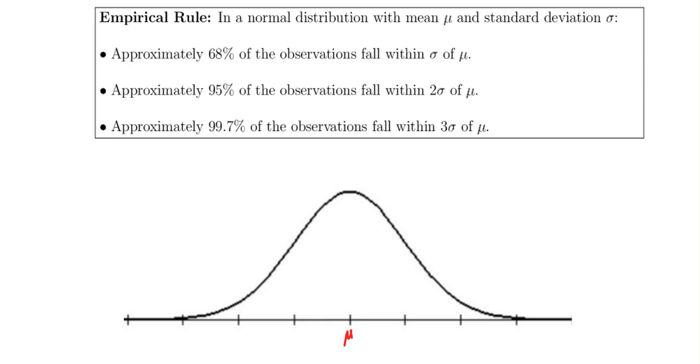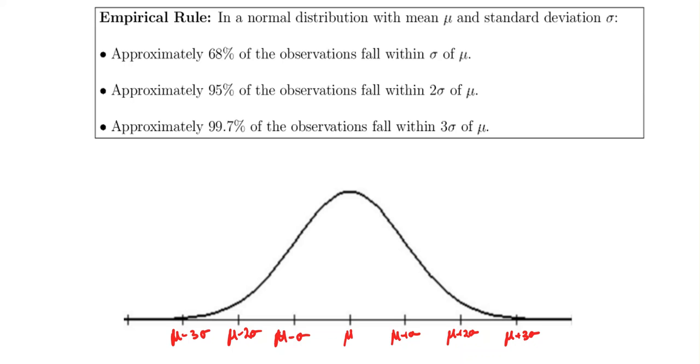Then each increment we go up is mu plus one standard deviation, mu plus 2 standard deviations, mu plus 3 standard deviations. Or down from the mean: mu minus 1 standard deviation, your mean minus 2 standard deviations, mean minus 3 standard deviations.